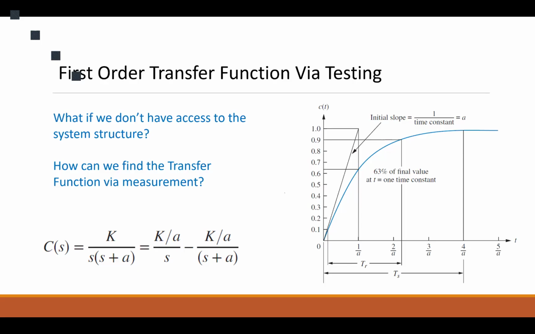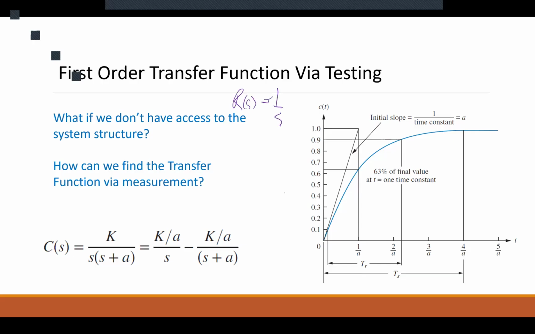Okay, now I said that I applied a step function to my system. So that means C(s) is 1 over s times G(s).